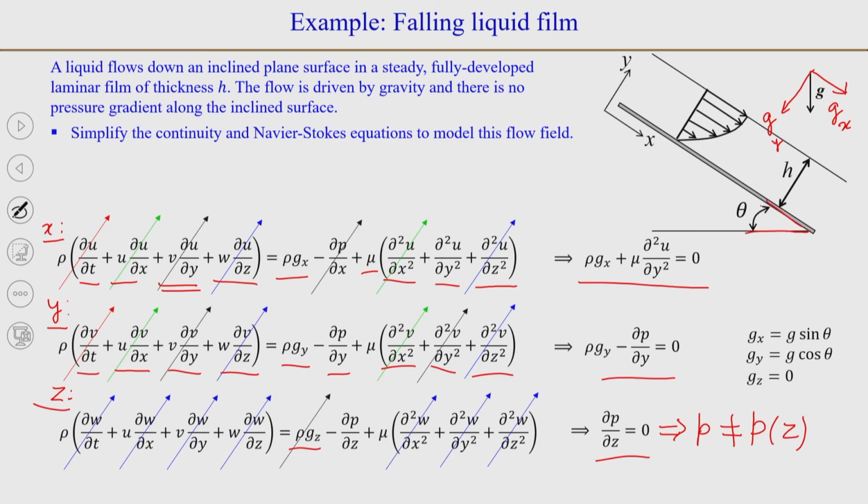So, the angle between the normal to this plate and the vertical direction will be theta. So, g y will be equal to g cos theta, but with a minus sign because y is in the other direction. So, g y will be minus g cos theta.